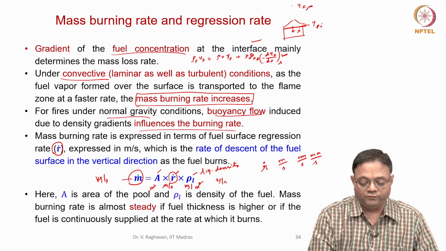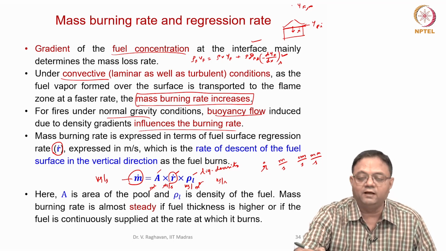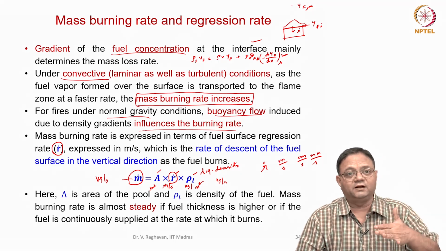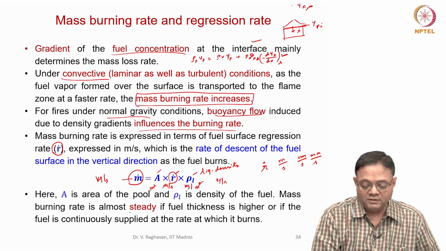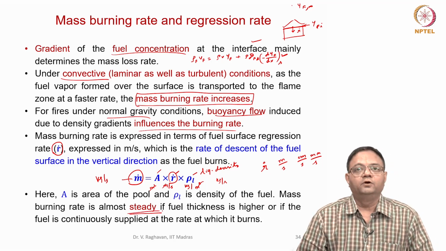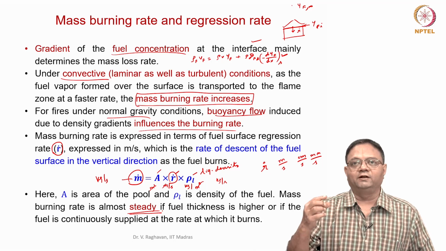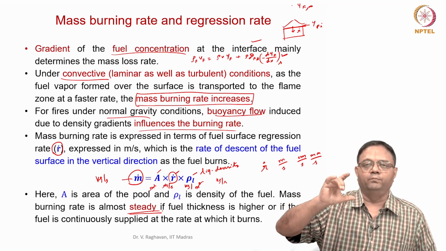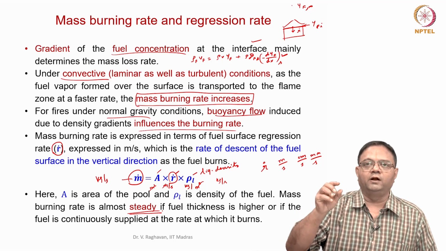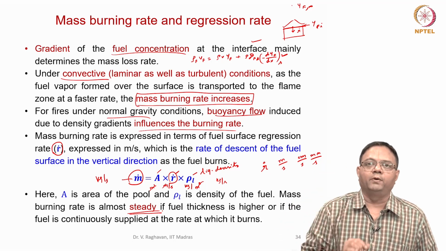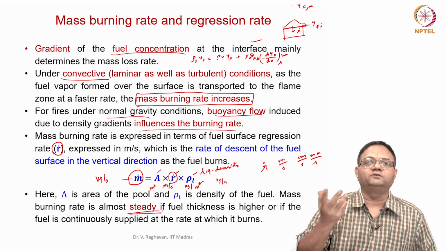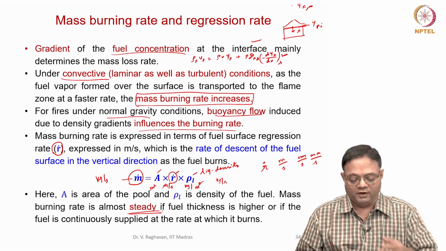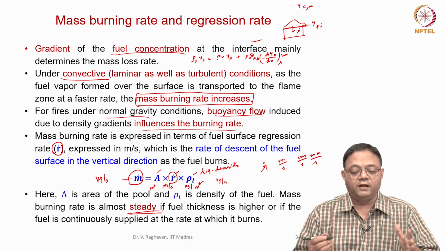And you can see that there is a descent in the layer, but this descent happens at a steady state. So, for example, in a given time, let us say the depth is about say 10 mm. In about 1 minute, it descends 1 mm. After 2 minutes, it descends 2 mm. Then it is a steady regression. Do you understand? So, that is what is called steady mass burning rate.